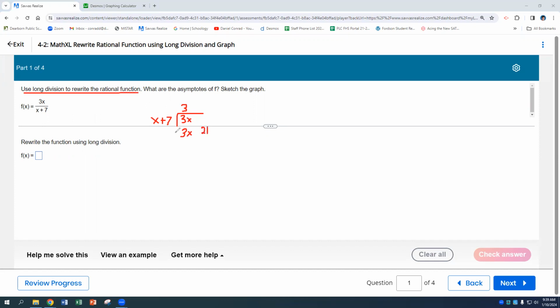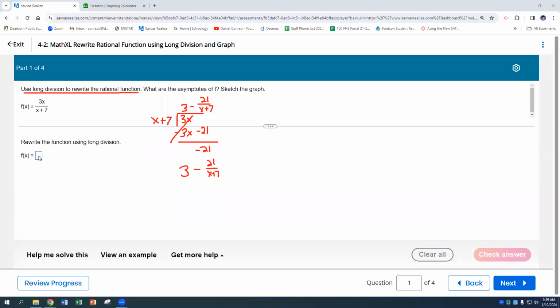We're going to subtract, so we need to switch the signs. So we're left with the remainder of negative 21. So I have 3 and then minus 21 over x plus 7, right? I got to do 3 and then whatever my remainder is over what I'm dividing by, x plus 7.